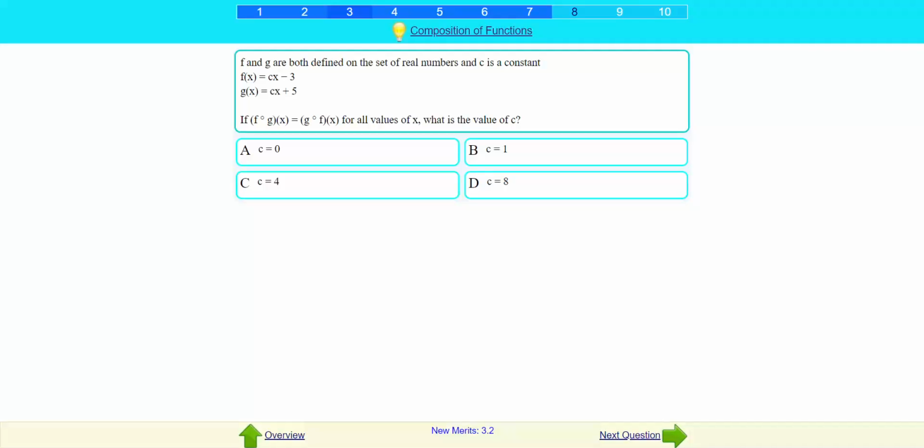So we will end up having this function, and then the other function would be if we apply cx plus 5 to cx minus 3. Isn't that correct? Yeah, that is right.